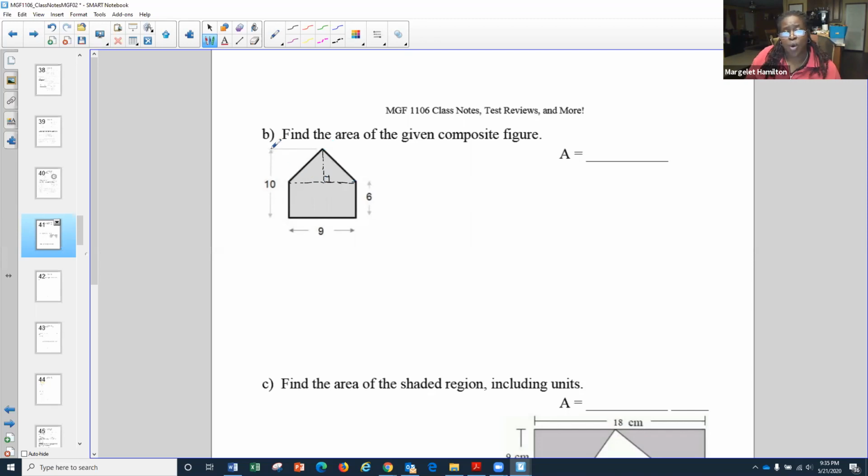Here they told me the whole entire height of the whole entire figure. They gave me the height of just the bottom part of the figure. So if we look, we're missing this part right here. You see? This part.